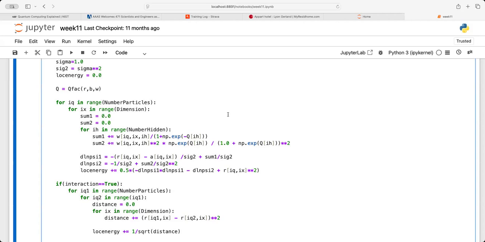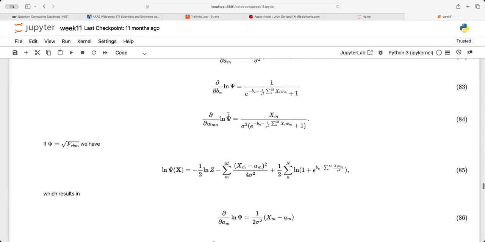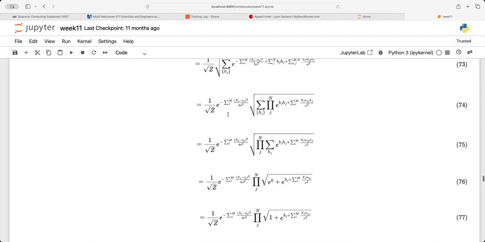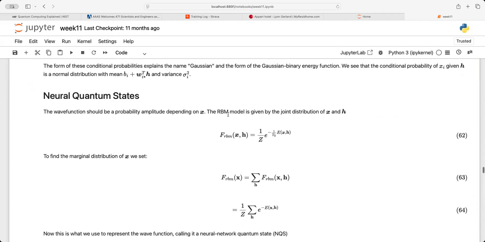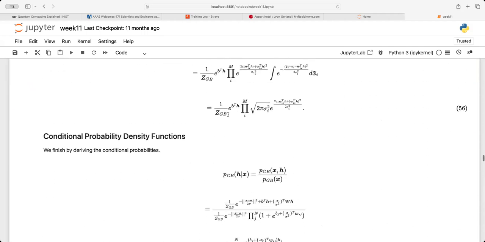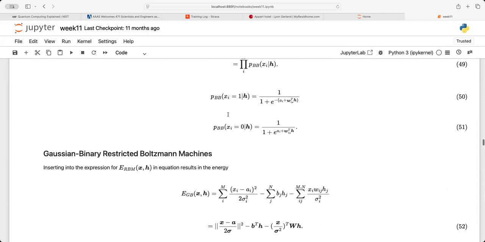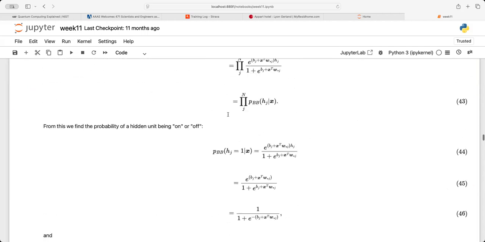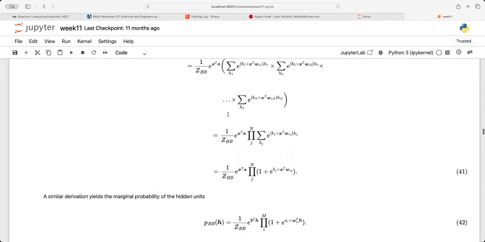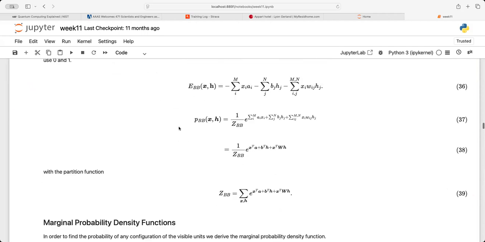In the Jupyter notebook at the very end, you will also find a code example. But let's now look at the expressions which we need to plug in. It's not the most exciting case, but you will first find the binary case. So let's just look at all these expressions.